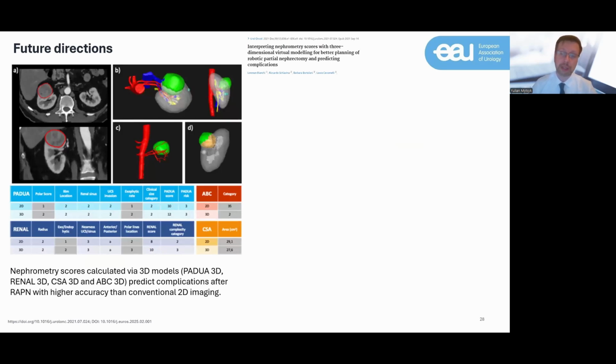The future direction also includes three-dimensional nephrometry. In one recent study, the nephrometry scores calculated via three-dimensional models, the PADUA, RENAL, CSA, and ABC scores, predict complications after robotic-assisted partial nephrectomy with higher accuracy than conventional two-dimensional imaging.